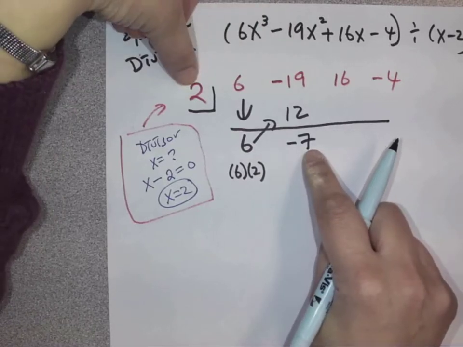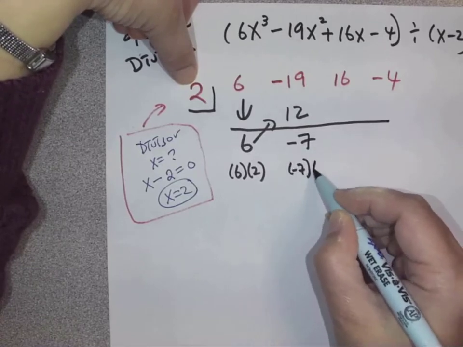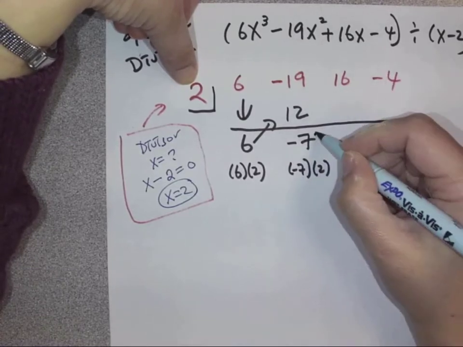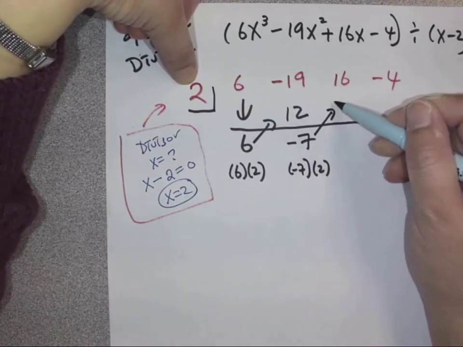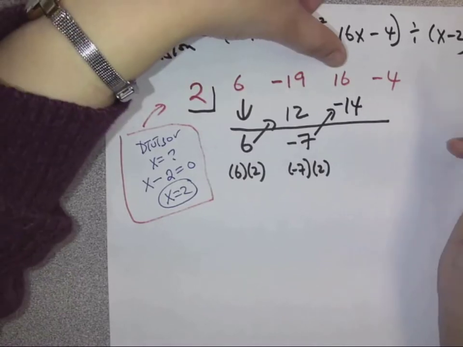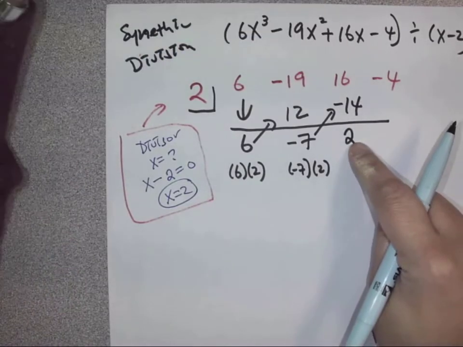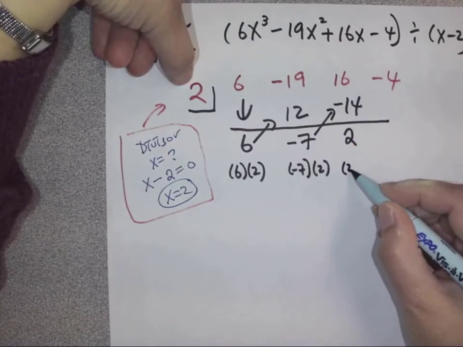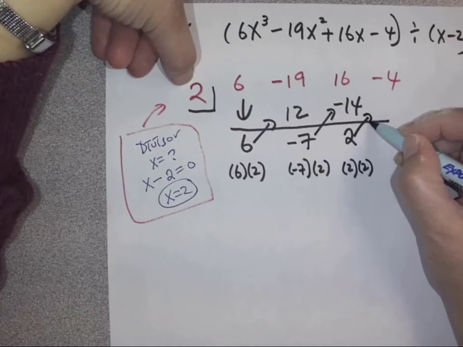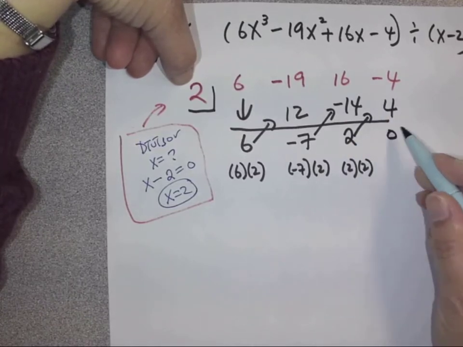So these two numbers need to multiply together, right? So we got negative 7 times my 2 here, go over here. What do we get? Negative 14 plus the 16 will give me 2. So what do I do with the 2? Times, that's 2, right? 2 times 2 is 4. Combine that, we have 0.